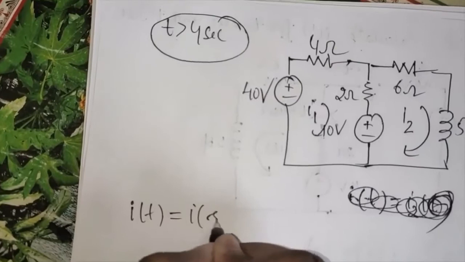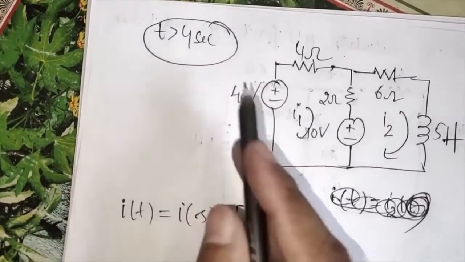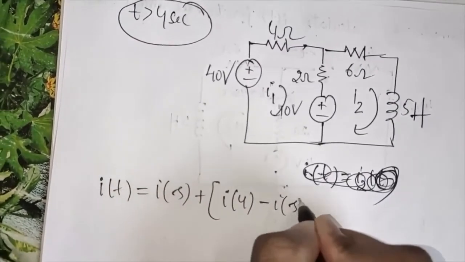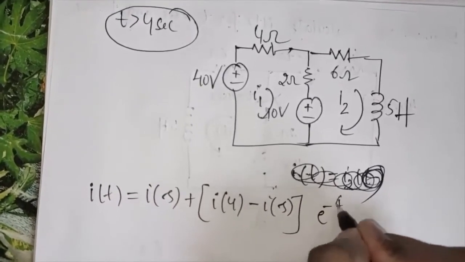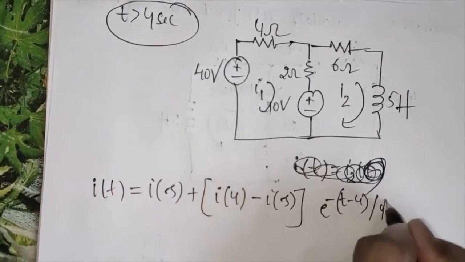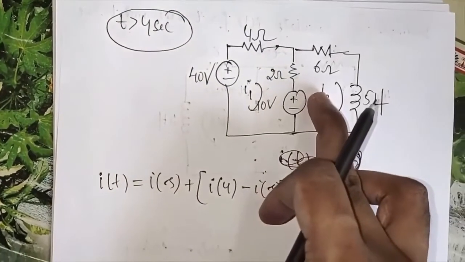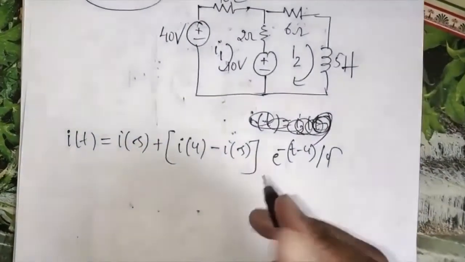I of infinity plus, here instead of I of 0 I should consider I of 4, minus I of infinity, into e power minus t minus 4 by tau. So for I of infinity, when this circuit reaches steady state condition, the inductor will act as a short circuit.